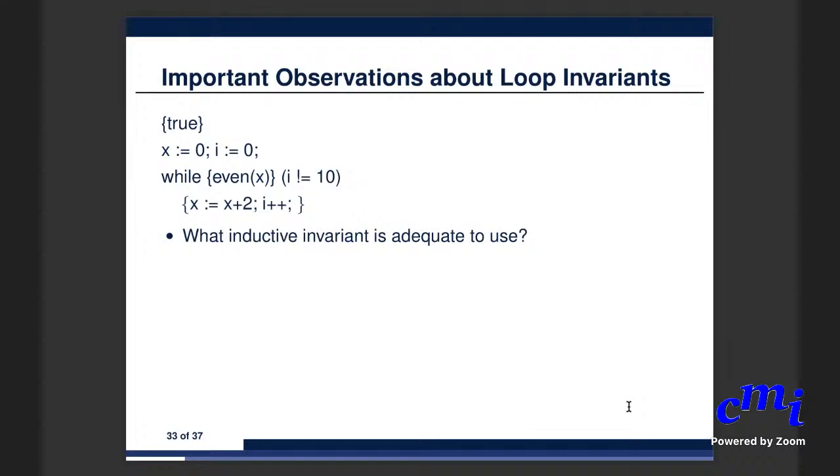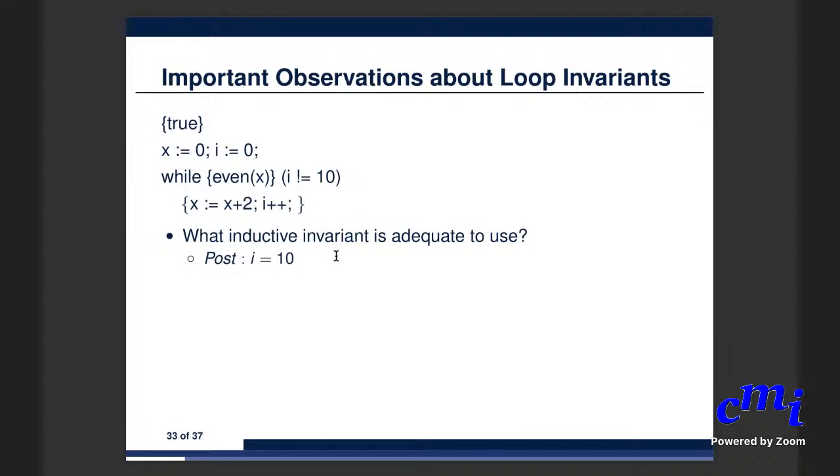The choice of a suitable inductive invariant depends on what your post condition is. Given a particular post condition that you want to prove upon exit of the loop, your inductive invariant has to be adequate, strong enough such that it satisfies the safety property, that is the exit check property.